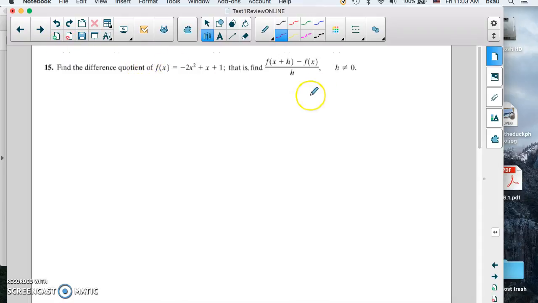The next problem is finding the difference quotient for this function. This is the difference quotient, so we're going to evaluate that in this formula. This is basically plugging in values and simplifying the expression. The first part we're going to plug in is x plus h. So everywhere there's an x, we're going to put in x plus h.